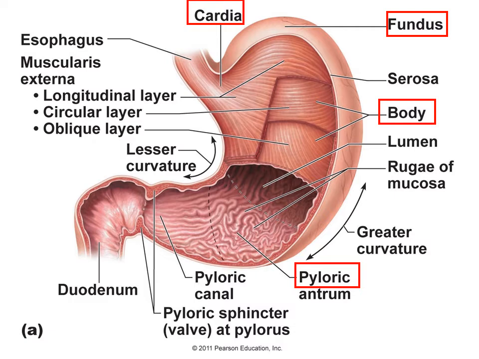You can see on this cross-section that the way the muscles are, the muscularis externa portion, there's 3 different layers of muscles, and you can see the fibers are moving in different directions. This really helps with the mixing and the churning of the food in the stomach, allowing as much mixing as possible with the gastric juices, which are going to help break down the food.